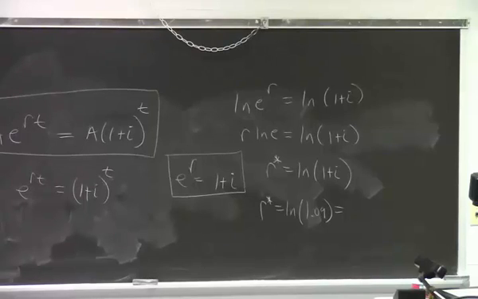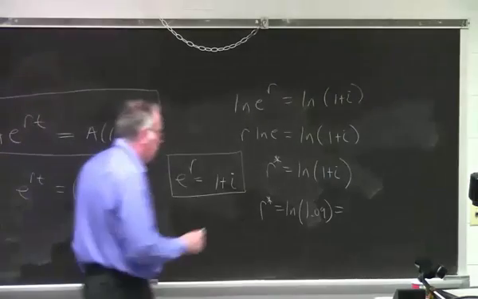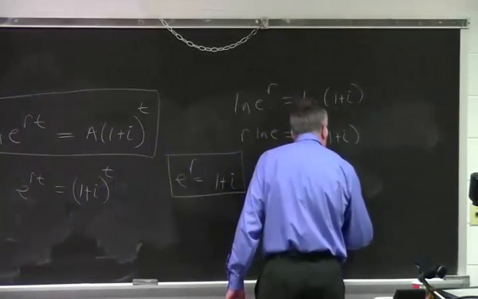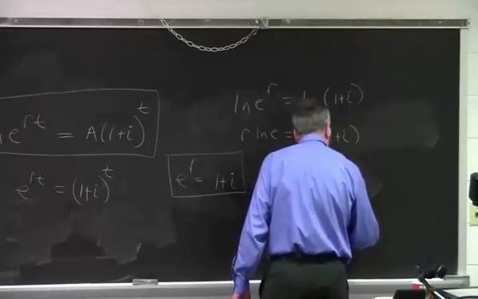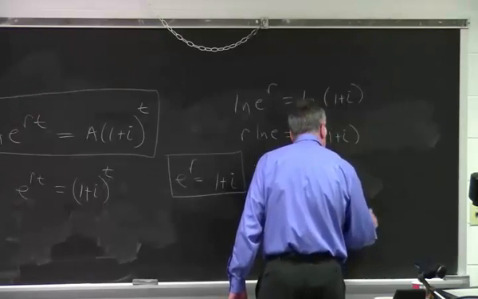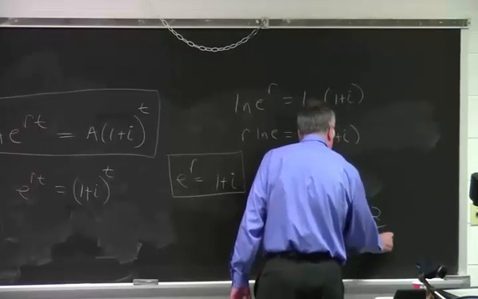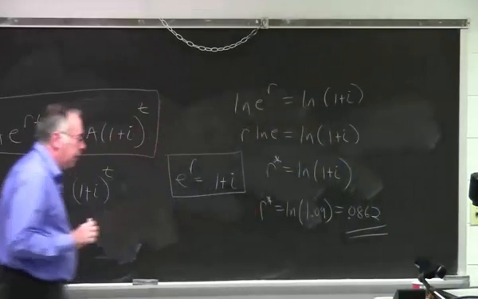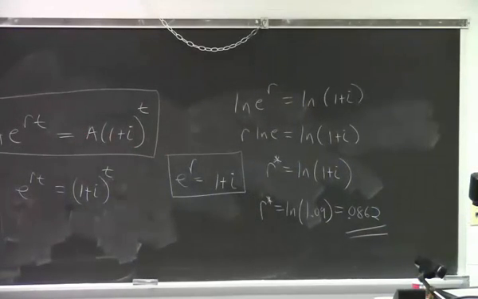Anybody? Heather? 0.0862. That's good enough. So in other words, there's not a great difference between the two. As long as the interest rates aren't too high, the difference between the two will be relatively small.